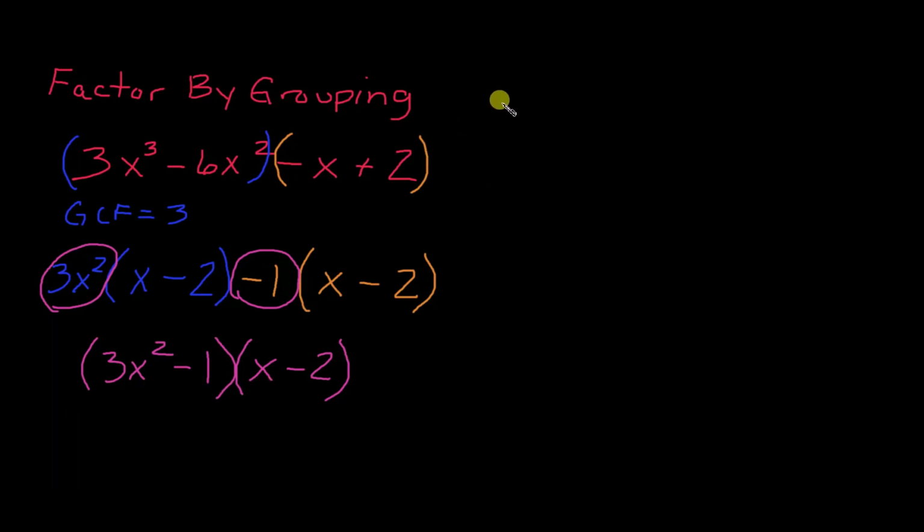FOIL stands for first, outer, inner, and last terms. What that's going to do is provide you this original answer. The way we do that is through the distributive property.